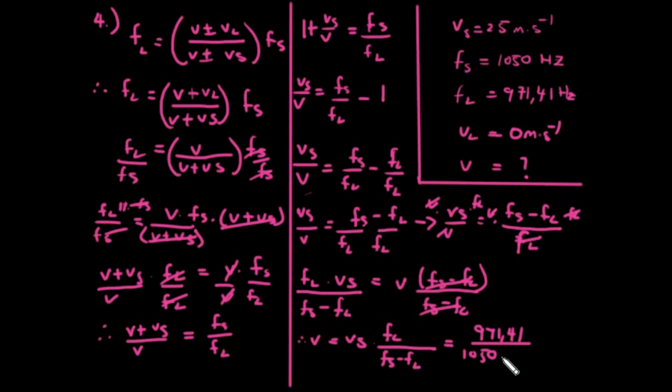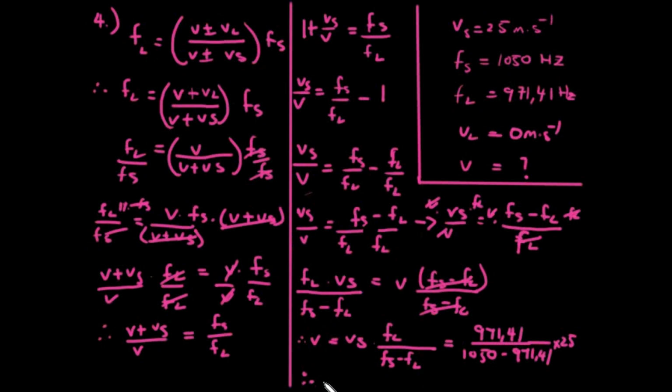All right, minus, is minus? Yes, of course it's minus, I can see from the formula, minus 971,41. Let's just rule a little extra line there. Now we've got to multiply that by 25.